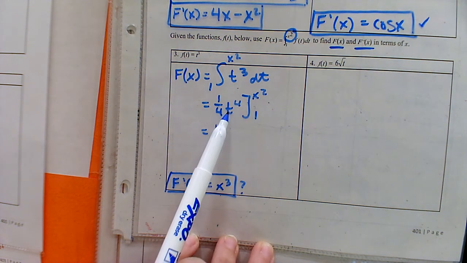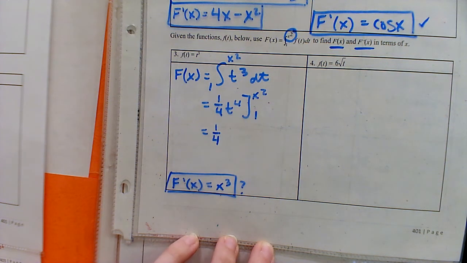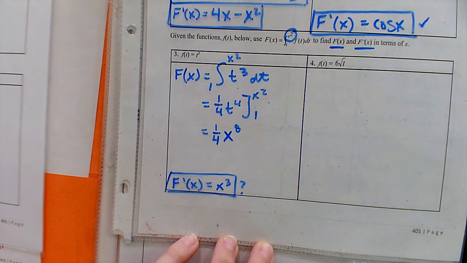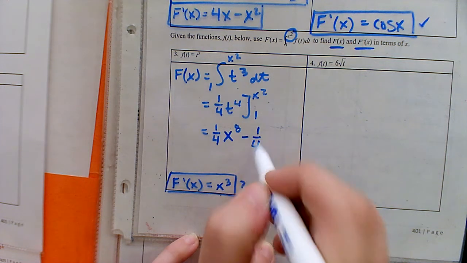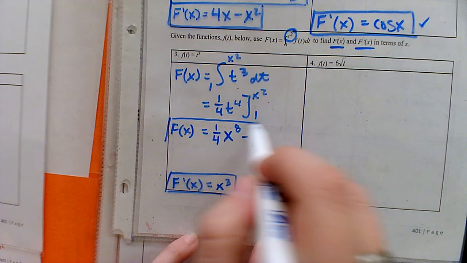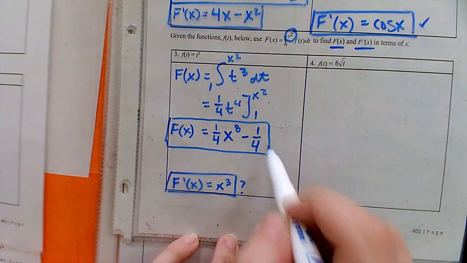If we plug in x squared, we'll have x squared to the 4th. We'll have a power to a power, so we can multiply those to give us an x to the 8th. And then minus plugging in 1, which would just give us a 1/4. So there's capital F of x.